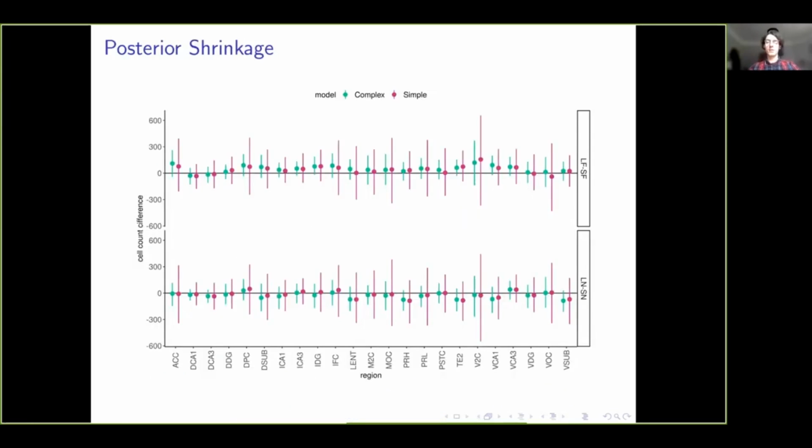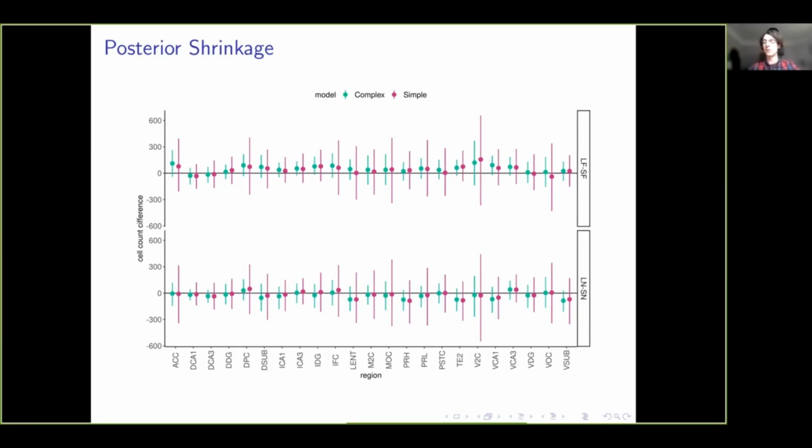One immediate effect of using this hierarchical model can be shown with a comparison to a simpler model on a typical analysis for these data that looks at the effect of surgery through a difference in group means. On the x-axis are the brain regions, and on the y-axis are the difference in cell counts. The top line shows the difference between lesion familiar and sham familiar groups.